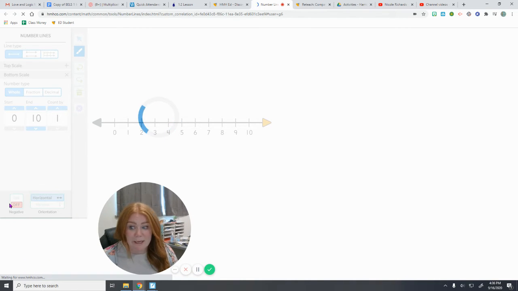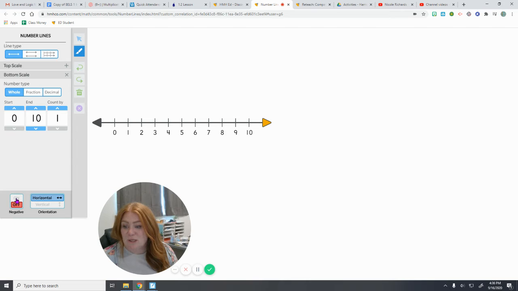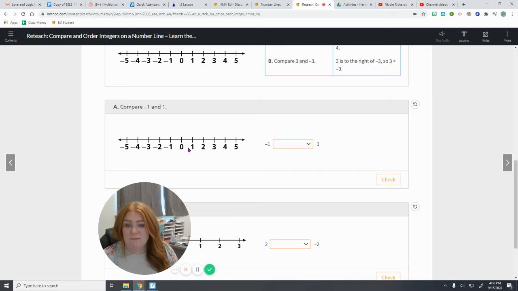And you can turn on the negative numbers and then lower the count, so then you can graph them if you need to. Since this one won't let us write on there, we've got -1 and 1.